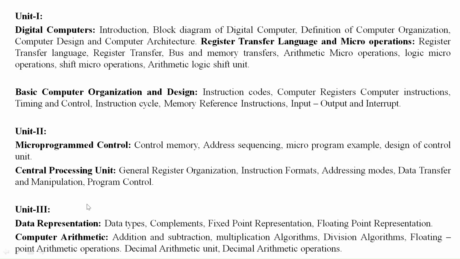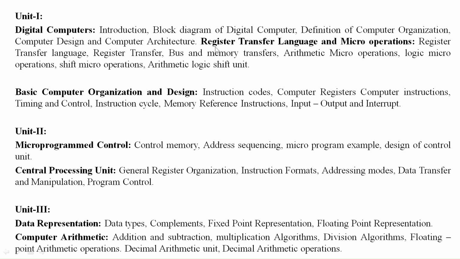It contains 5 units. The first unit is divided into two parts. The first part is digital computers, where you are going to study the introduction and block diagram of a digital computer, as well as the definitions of computer organization, design, and architecture.